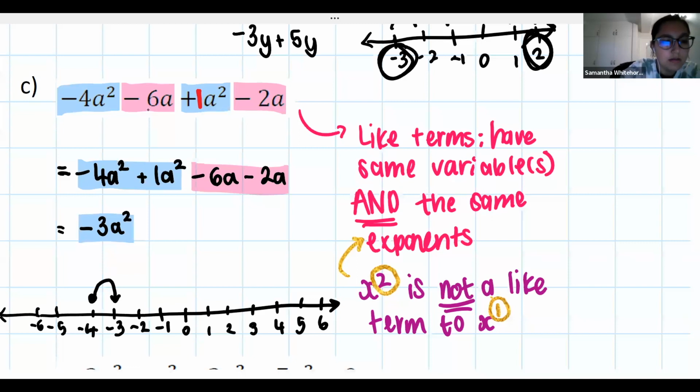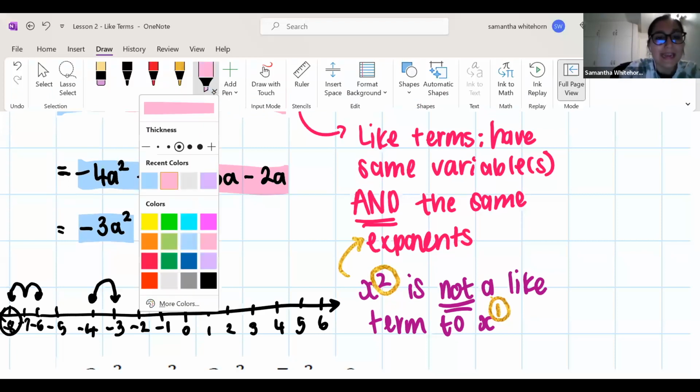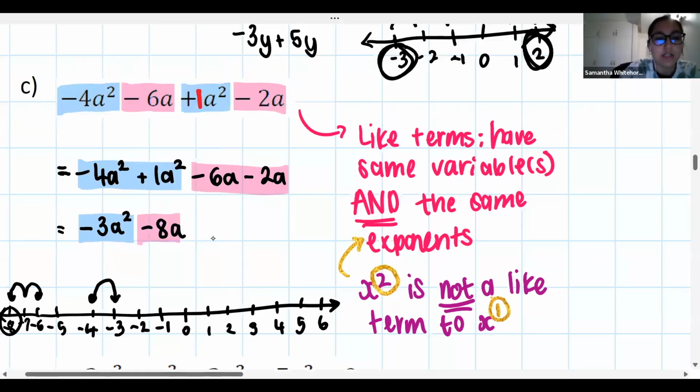It's getting a bit squished, but anyways. Here I am at minus 6. I'm taking away another 2 A's, leaving me at negative 8A. And so I have simplified my A terms in this expression.